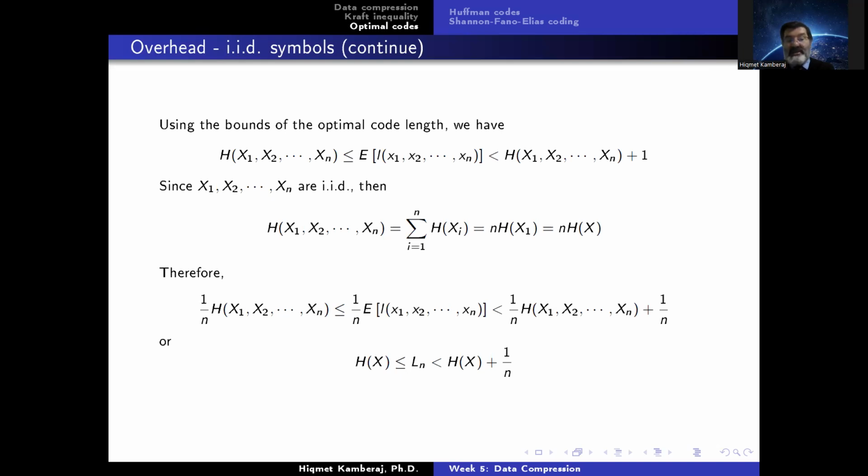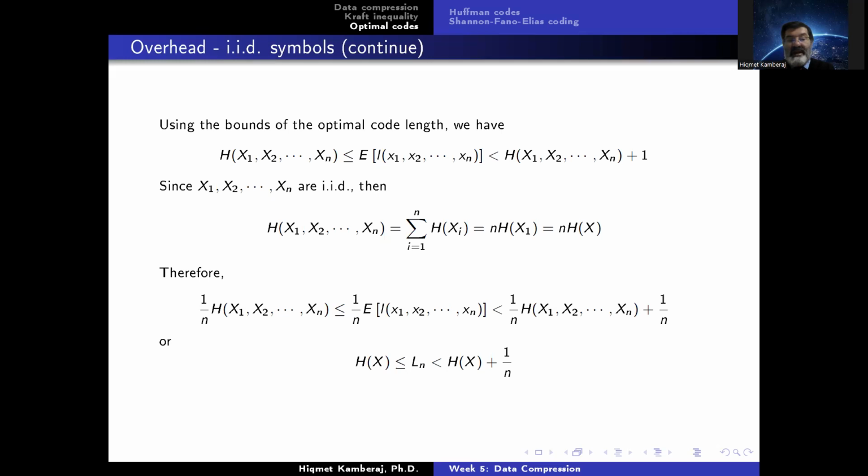Since X1, X2, ..., Xn are IID, as we showed in the previous lectures, the joint entropy is equal to the sum from i equals 1 to n of H of Xi because of the independence. Because of being identical, this sum is equal to n times the entropy of one of the random variables, let's say X1, or n times the entropy of X in general.